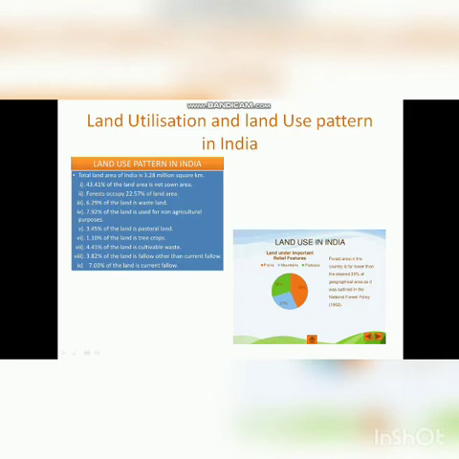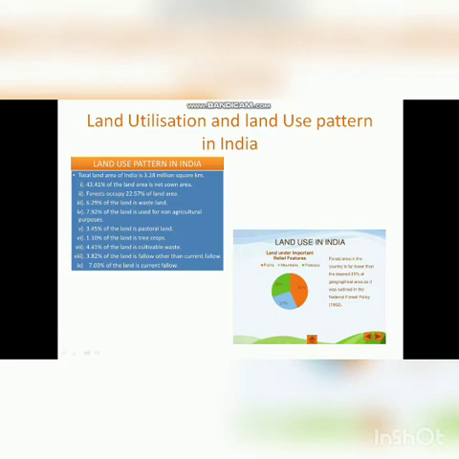Then we have fallow land. Now fallow land has two types, current fallow and fallow land. Current fallow means when a particular land is kept aside, not used for cultivation or any other activity, for not more than one agricultural year. That is called current fallow land.